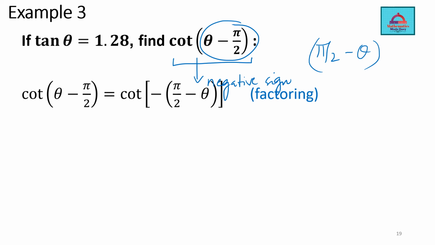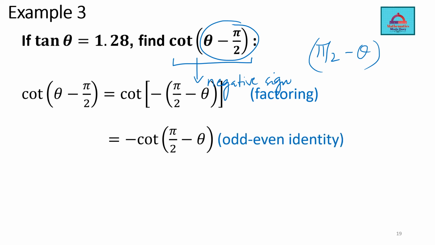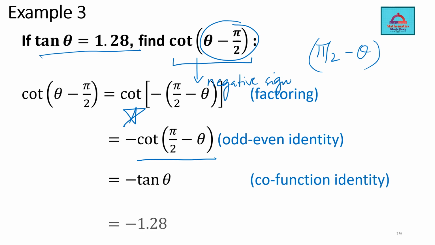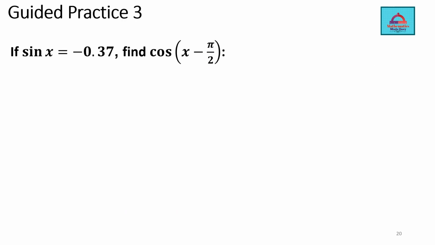Now, cot of a negative angle is going to give you a negative result because it's an odd function. This is a very important step. Now cot of pi by 2 minus theta is nothing but tan. So this is negative of 1.28. Very easy question. You just have to be careful of the sign while solving.